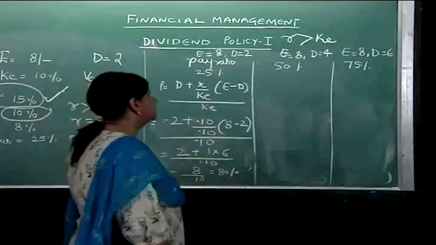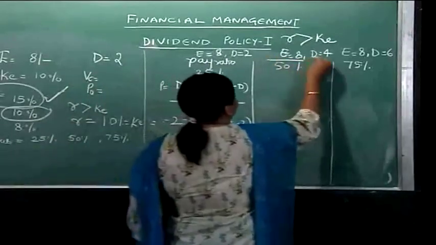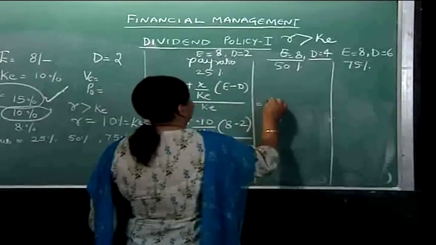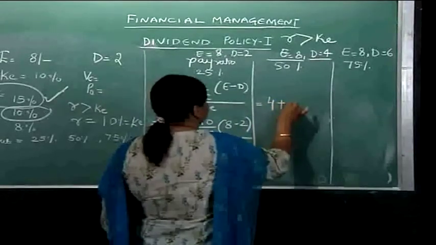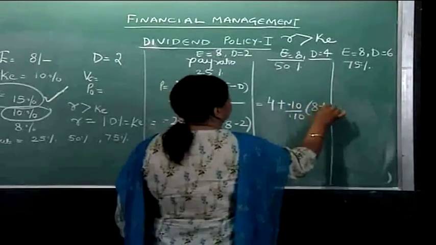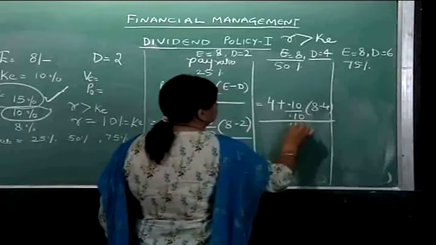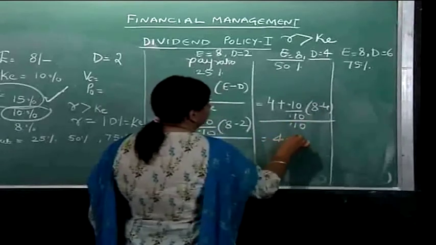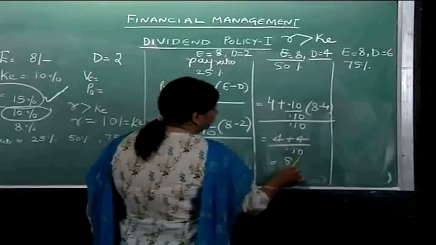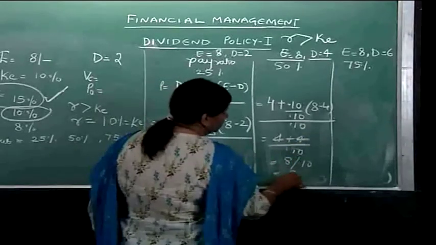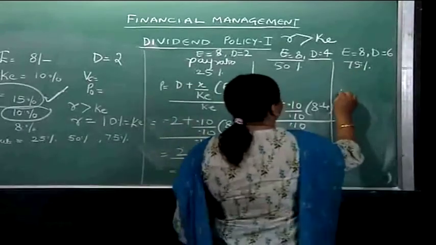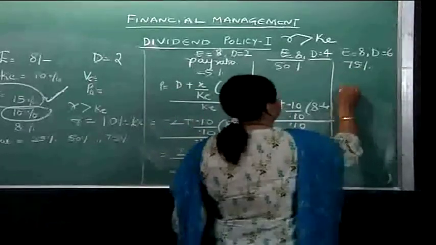Similarly, at 50% payout, where E is 8 rupees and D is 4 rupees, we are going to ascertain the value, and it will be 4 plus 0.10 upon 0.10 bracket 8 minus 4 divided by 0.10. So we will get 4 plus 4 divided by 0.10, and it shall be 8 by 0.10 is equal to 80 rupees. Similarly, at 75% payout, we are going to find out the rate.